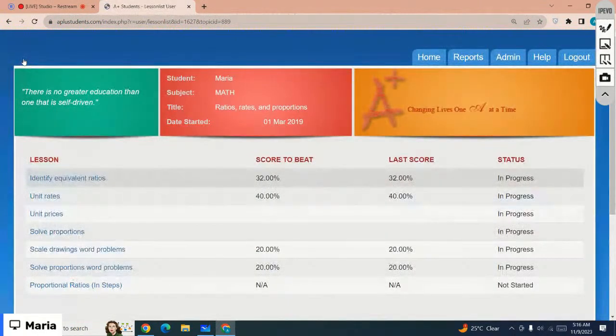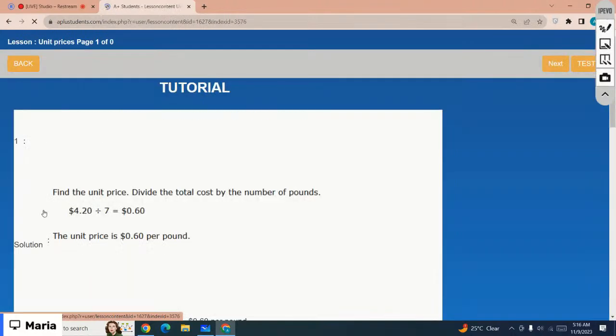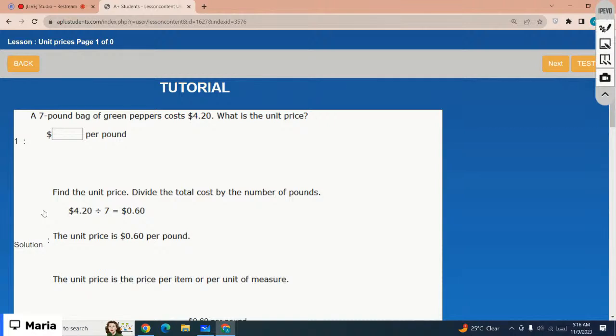And the next lesson is unit prices. Let's just start with the lesson on unit prices. Unit price means price per item, right?